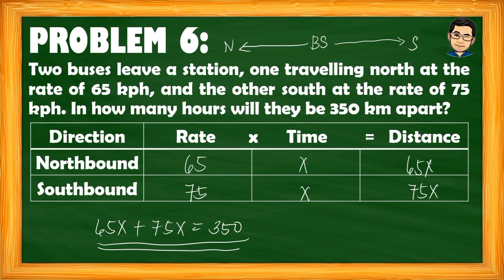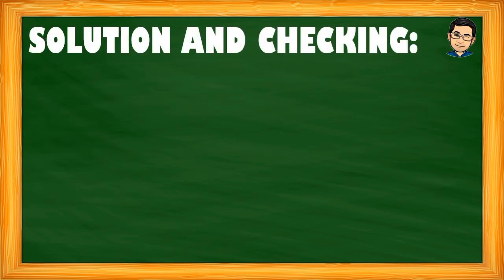So, 65x plus 75x is equal to 350. So, since meron na tayong equation, makukuha na po natin yung value of x, yung number of hours. So, sulat lang natin ulit yung equation kanina. So, 65x plus 75x is equal to 350.